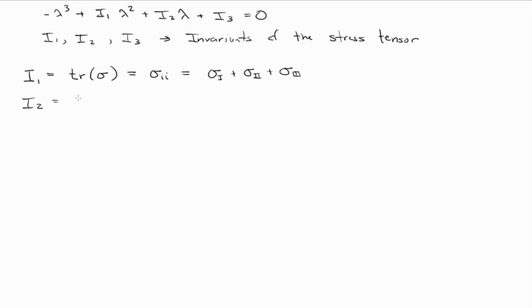I2 is equal to 1/2 sigma ij sigma ij minus 1/2 I1 squared. And in terms of the principal stresses, that's minus sigma 1 sigma 2 plus sigma 1 sigma 3.